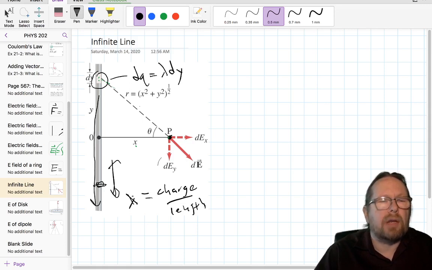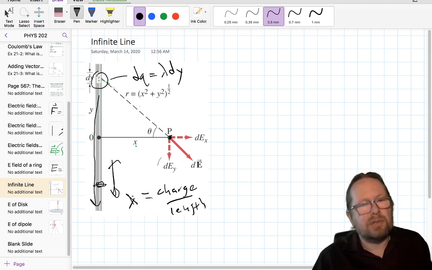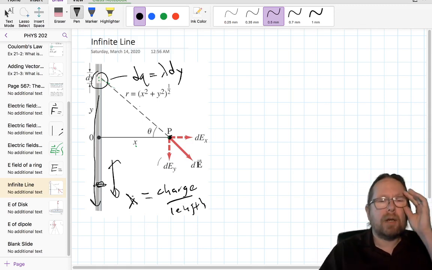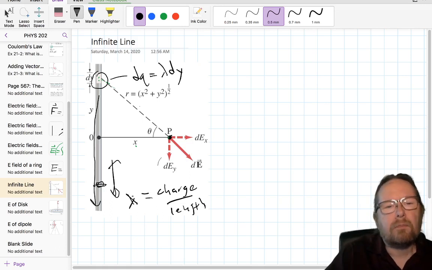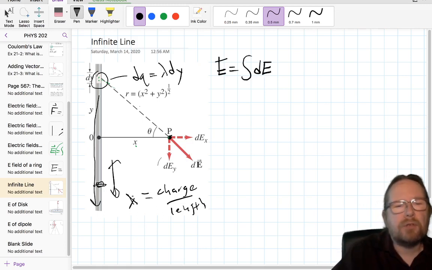The way your book has it drawn, the line extends up and down the y-axis, and we're located on the x-axis some distance x away. So we can write that the electric field due to this line is equal to the integral over all the little bits of electric field due to all the little bits of charge.